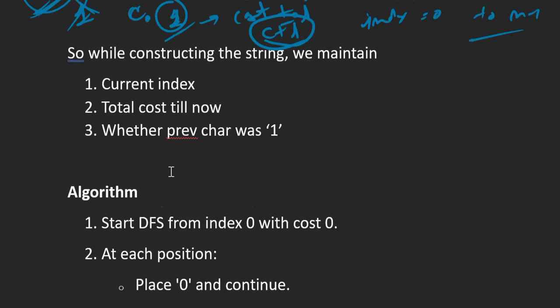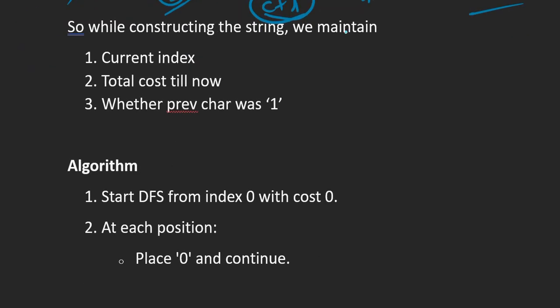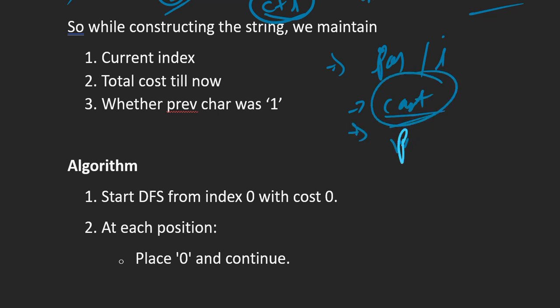When we construct the string, we maintain three things: the current index, or position, I; the cost till now; and what the previous character was. So these are the three things that we maintain.